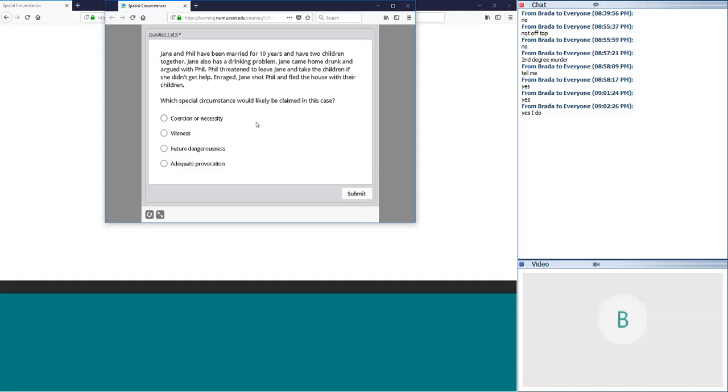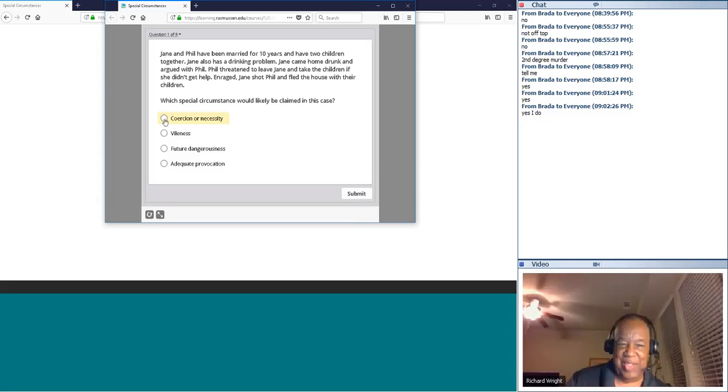The first one. Coercion. Yeah. Okay, let's see what it says. I'm not sure, but we'll see. Nope, not quite. Adequate provocation would likely be claimed in this case, because she was so upset.